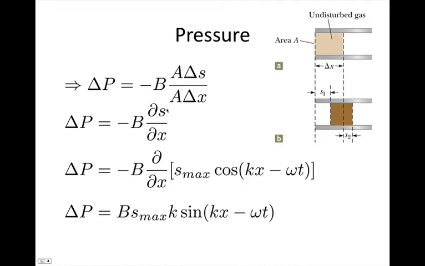Then substituting in, we said s was equal to s max cos(kx minus omega t). They're moving with simple harmonic motion about their equilibrium positions. Taking the derivative of this, our negatives cancel out because we get negative sine(kx minus omega t), and this k has to be put out the front as well. So this gives us an expression for the pressure change in terms of the equilibrium displacement.